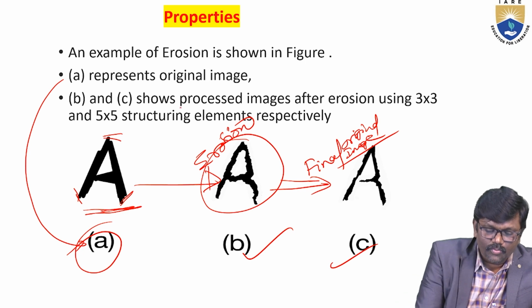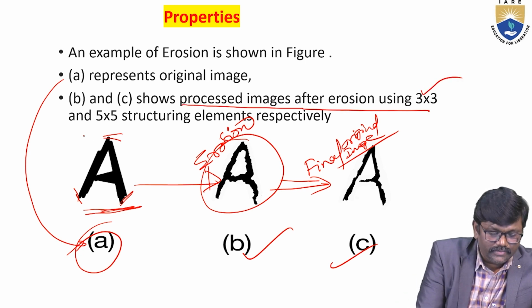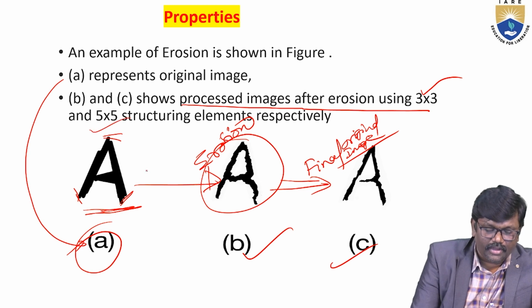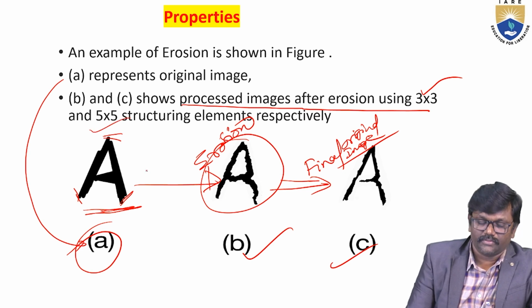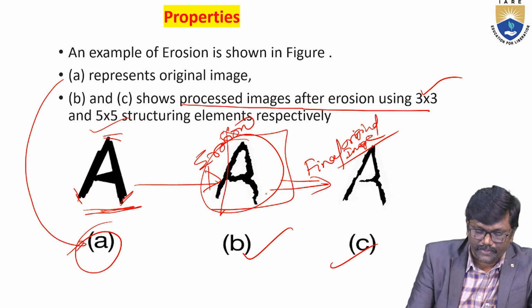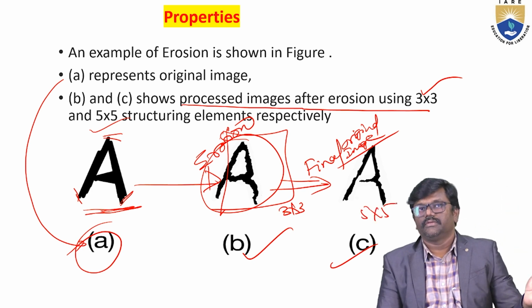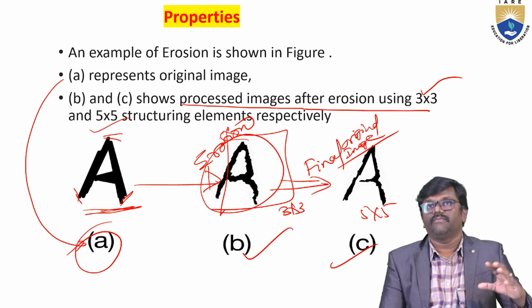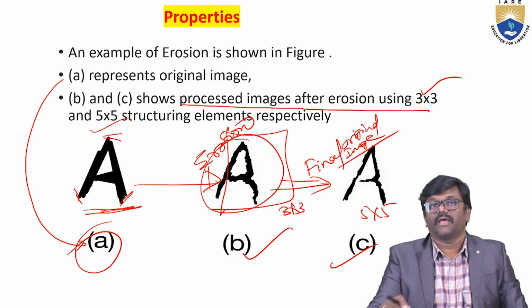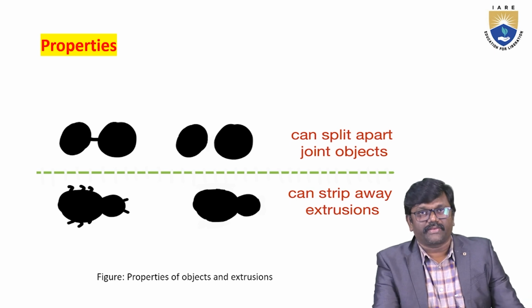This shows the process of the images after erosion with 3 by 3 images and 5 by 5 structuring elements respectively. So your image is basically here, represented as 3 by 3 and 5 by 5, that is 5 rows and 5 columns. That means your pixel values are compared in this aspect. Coming to the properties, we can extend it.